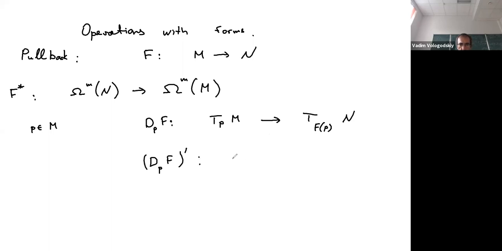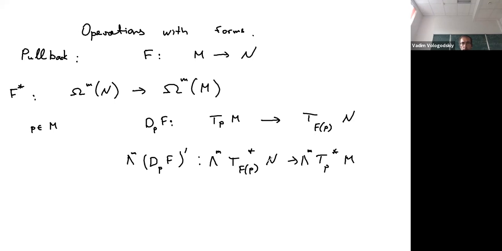This is a map from the cotangent space at F(p) to the cotangent space at p. That's just the adjoint map of the dual vector spaces. And then, by functoriality, I also get a map from the kth exterior power. And I will give a name to this.